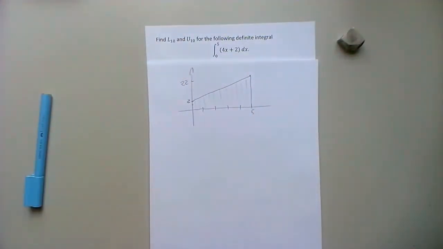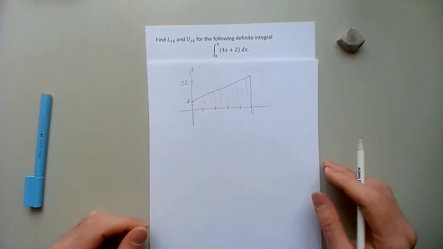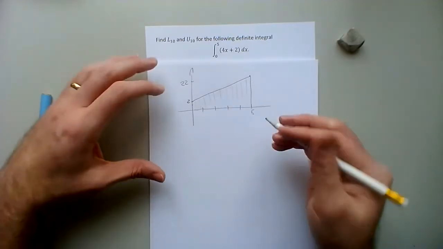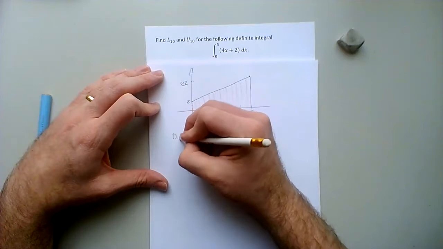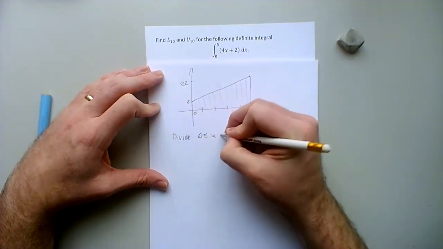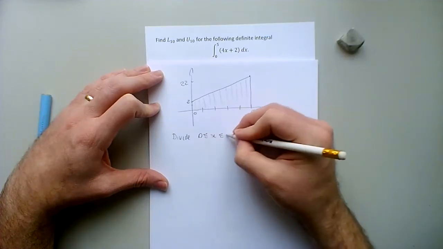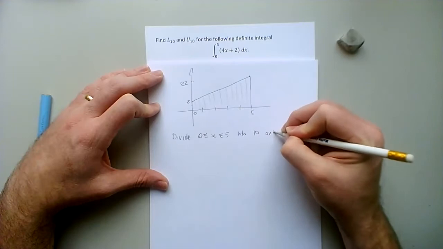It's a trapezium, so I can actually figure out the exact area, but I've been specifically asked to find L10 and U10. So let's see what happens. I'm going to need to divide that interval from 0 to 5 into 10 equal subintervals.